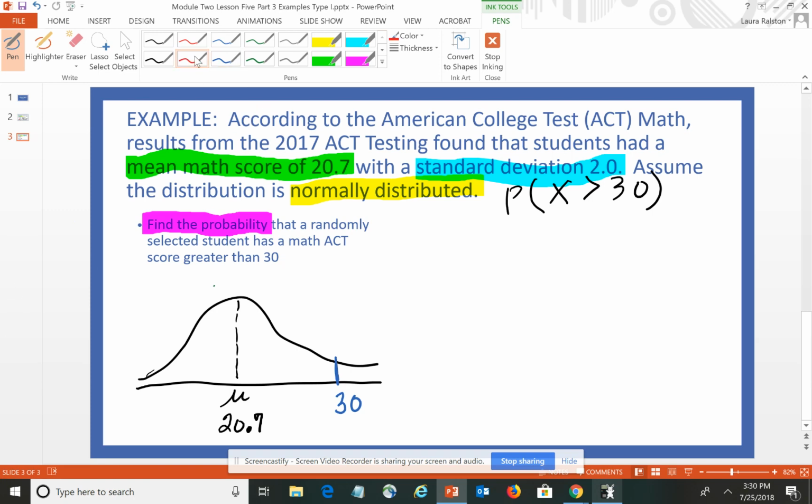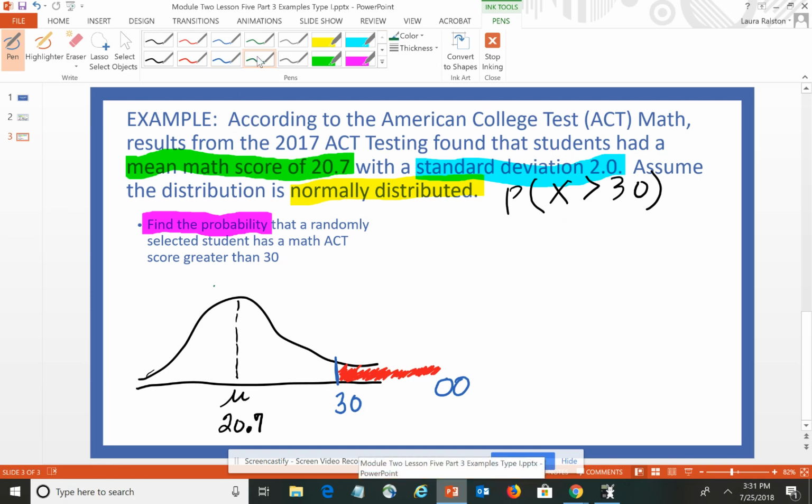Greater than is to the right. So we want this region out here in what we call the tail. And again, although you can't really score positive infinity on the ACT, because this is a continuous probability distribution, it actually does go, in theory, out to the positive infinity.